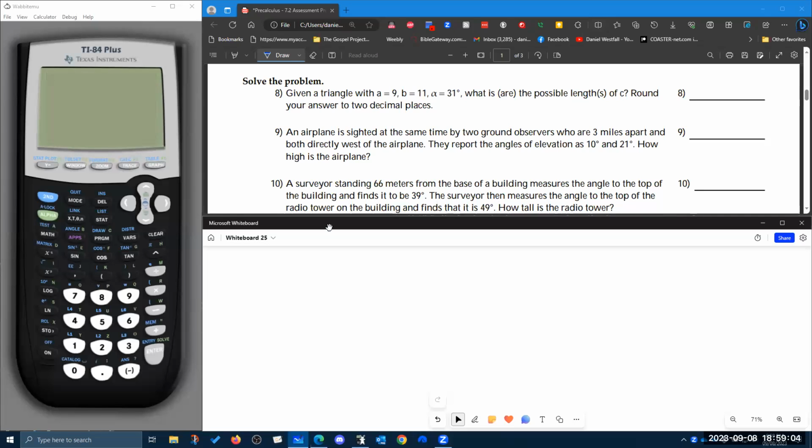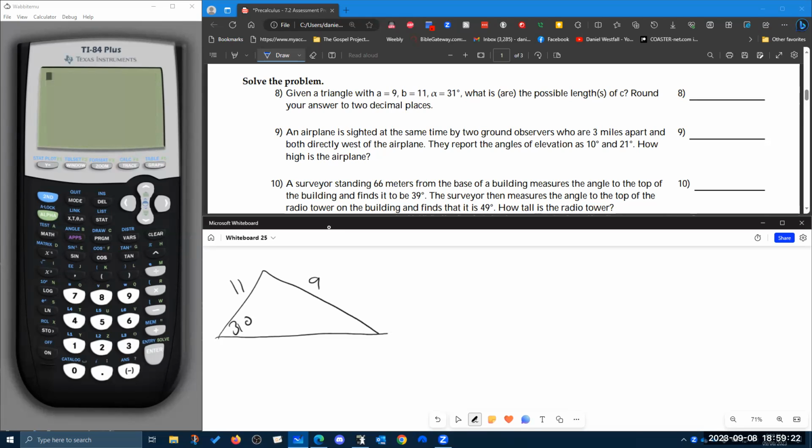We have a given triangle with a given angle of 31 degrees in the lower left-hand corner. The side opposite that is 9, and the side adjacent to that is 11.